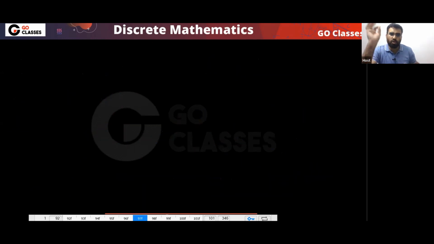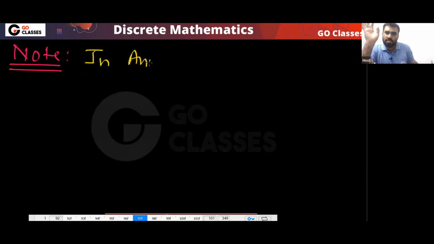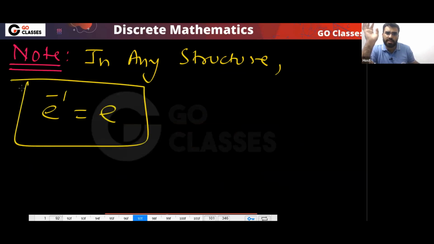The inverse of E will only be E. The inverse of the identity element will always, in any structure, whatever structure you take, be the identity element only. So let's assume E is the identity element.